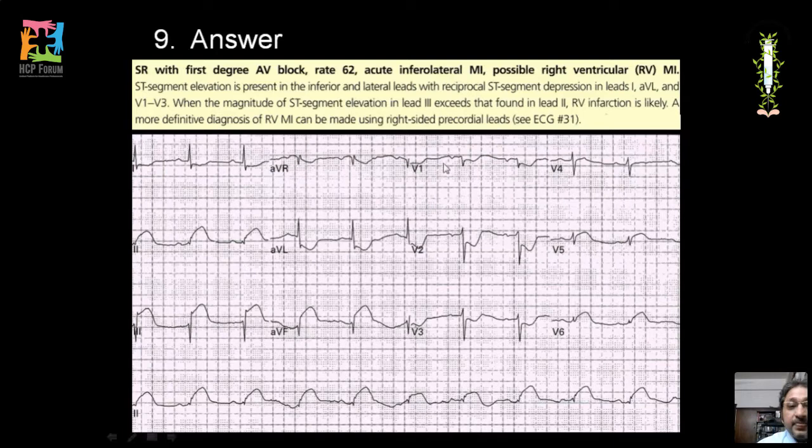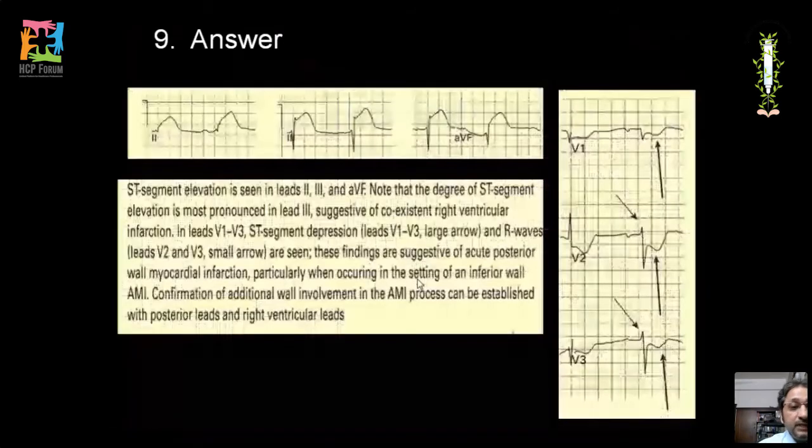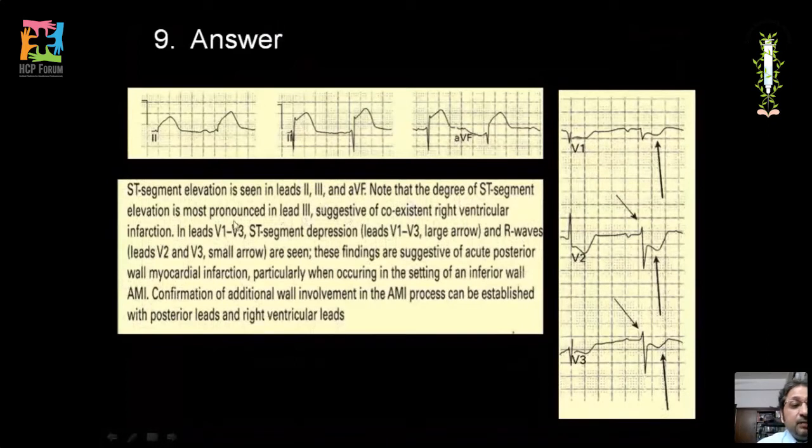And also, I can see that in V1 and V2, where the R wave is usually small, here it is quite big, with ST depression from V1 to V4, which is seen as a reciprocal change of the posterior wall in the anterior wall, and this gives a suggestion of a posterior wall myocardial infarction. So they have told that the ST segment in lead 3, since it is more pronounced than in lead 2, there can be a coexistent right ventricular infarction.